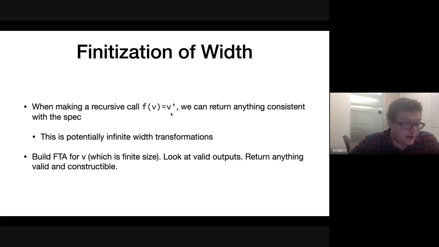Fortunately, we can bootstrap ourselves using finite depth. Because we're doing a finite depth program, when we make this recursive call, we can build up an FTA for that smaller input. We check out what are the outputs that can, in that finite depth, be satisfied.